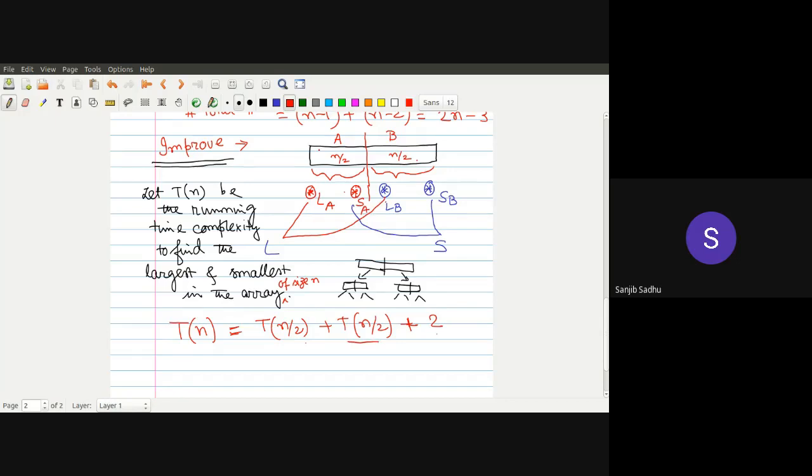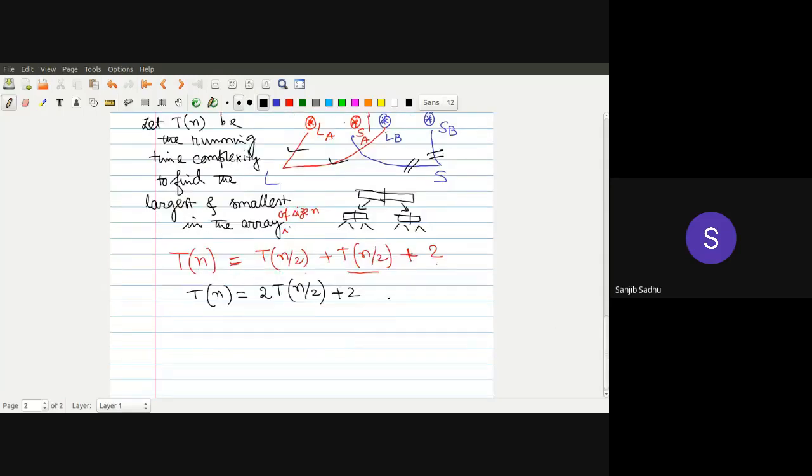Why plus 2? Because in this case you are comparing these two elements: one comparison here and another comparison there. So plus 2. That means T(n) = 2T(n/2) + 2, which is true when n is greater than 2.